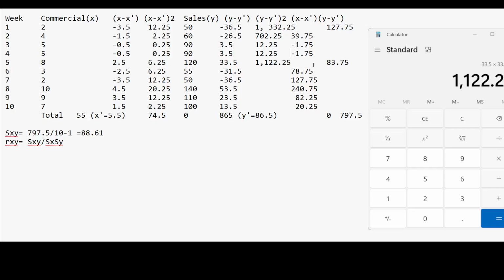Let's try to move the values here. This one is negative 31.5 times negative 31.5 equals 992.25.